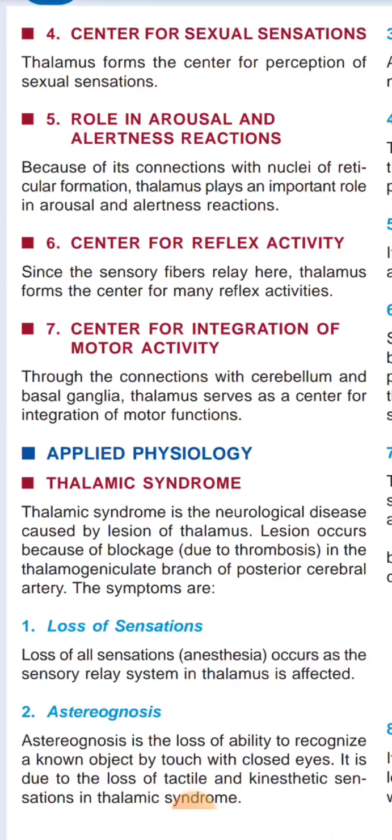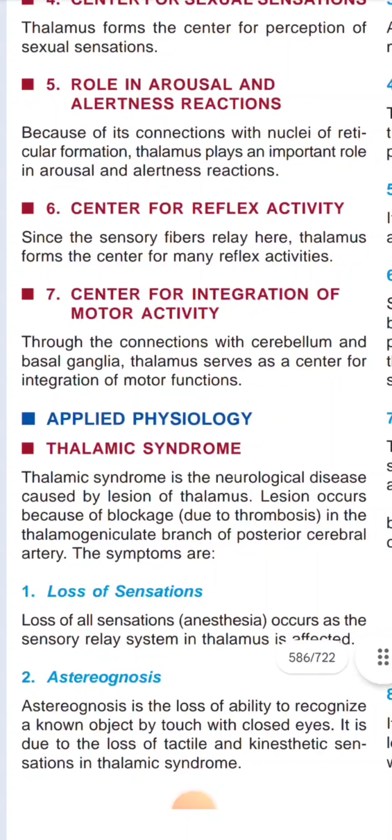Because of the connections with nuclei of reticular formation, thalamus also plays an important role in wakefulness and alertness in the subjects. Center for reflex activity. Because all the senses are relayed here, thalamus acts as a center for reflex activity.